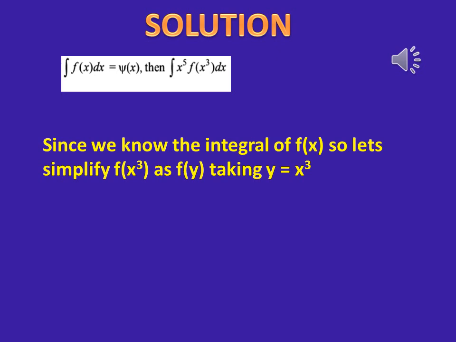Since we already know the value of the integral of f of x, we will try to simplify f of x cubed in terms of f of x then.